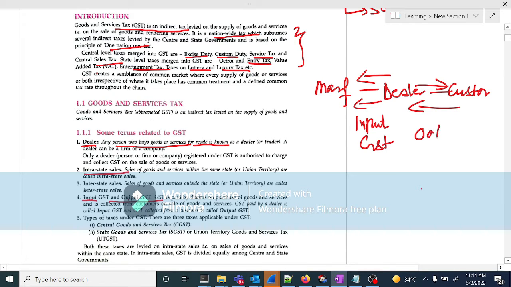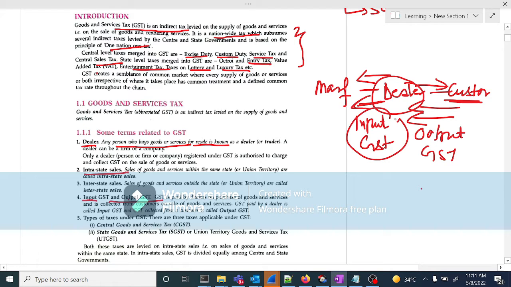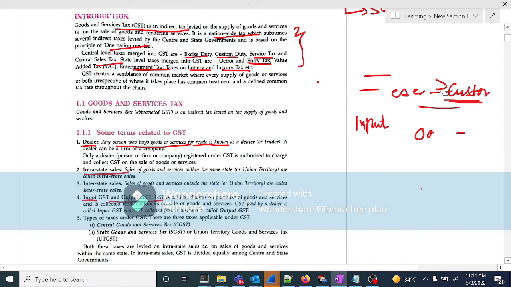This is output GST. So whatever GST customer pays is called output. Whatever GST dealer pays is called input. Clear?